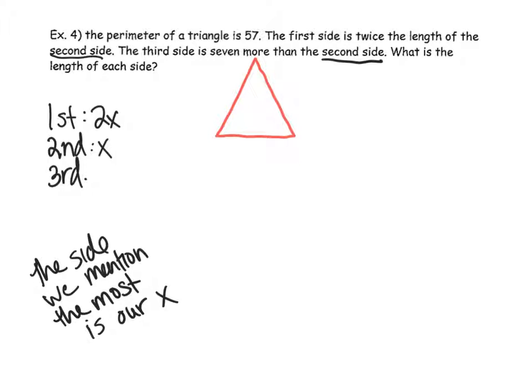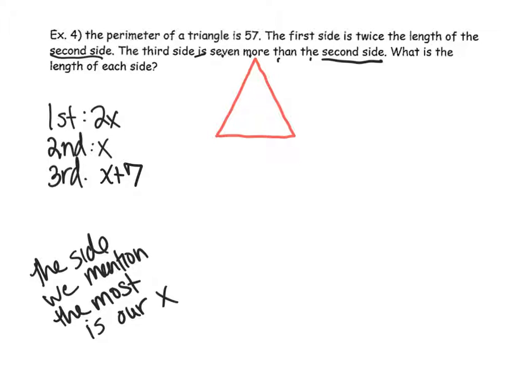Okay, now we can get back to where we were. The third side is 7 more than the second thing. What would I write? X plus 7. Okay. Now label it. It doesn't matter if it's perfect. Like which side's the first, which side's the second.